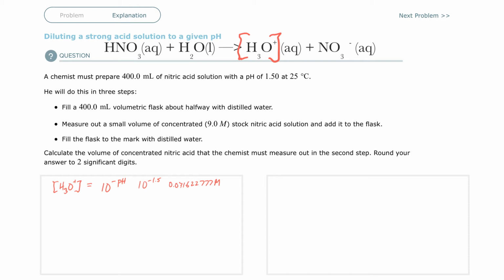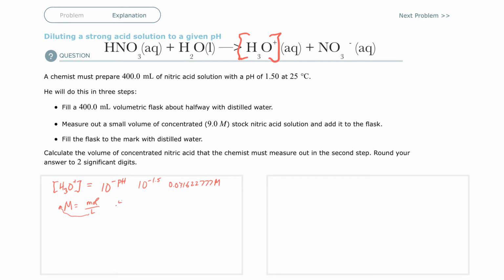If you remember what molarity means, molarity equals moles of solute over liters of solution. In order to dilute this, we need to know how many moles we need. We've got the molarity and we know the liters, so we multiply molarity times liters. They say it's 400 milliliters, so that's 0.400 liters.